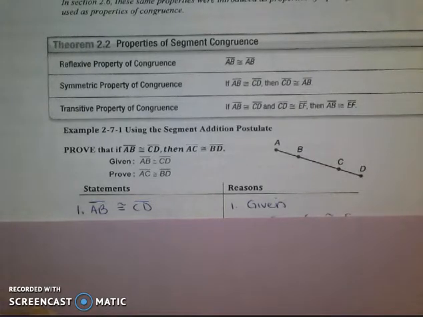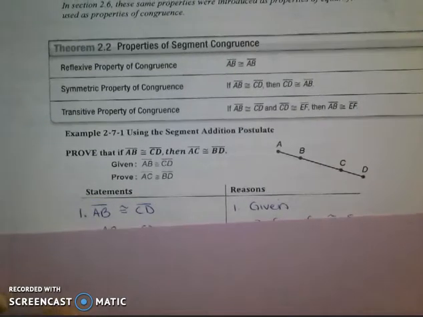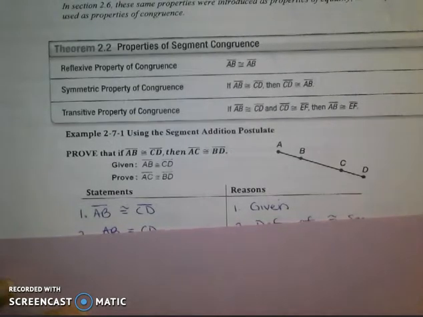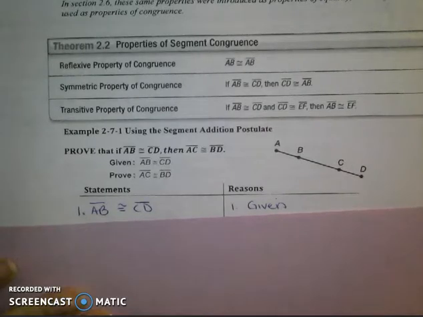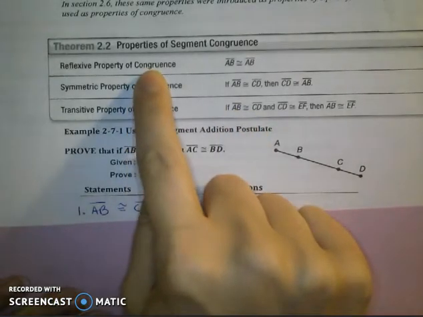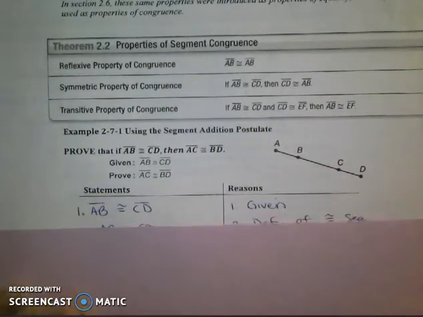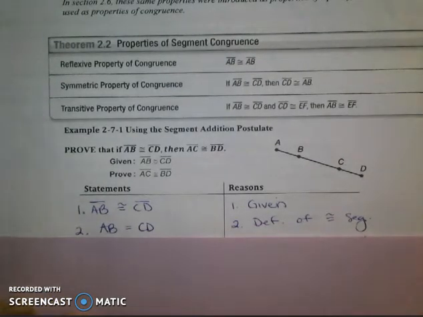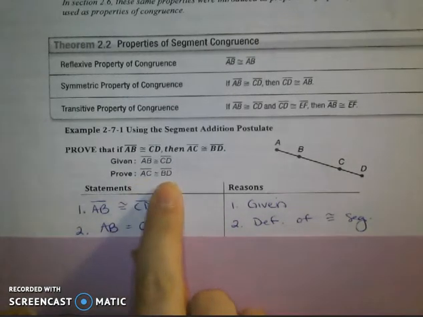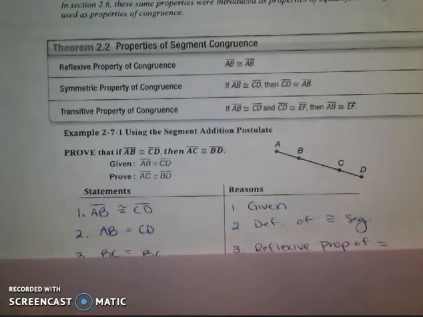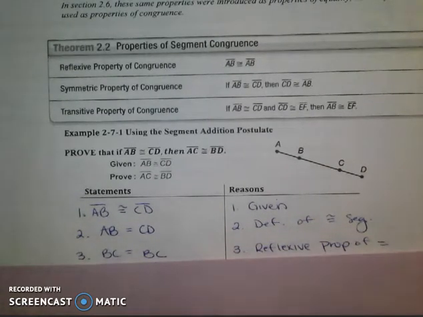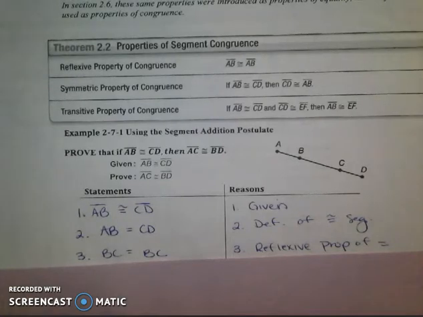Now, what we're going to do from there is we're going to use what we talked about up above. We're going to use our definition of congruence. We already talked about that if something's congruent, that it is equal. So we want to go to saying that it is equal because we're trying to end up with AC and BD.